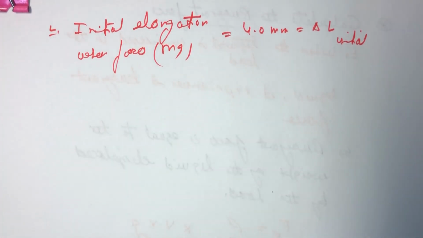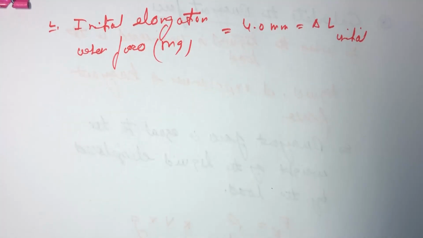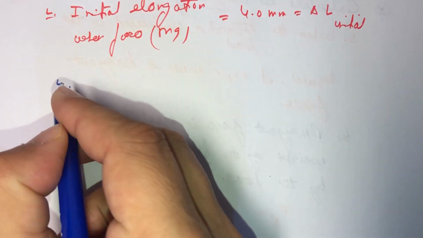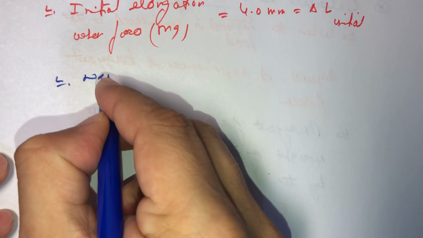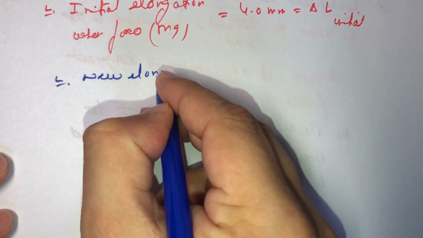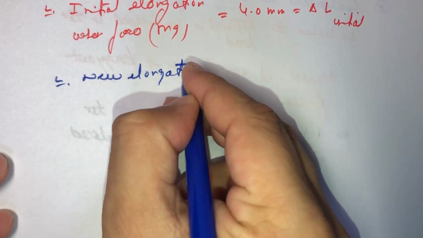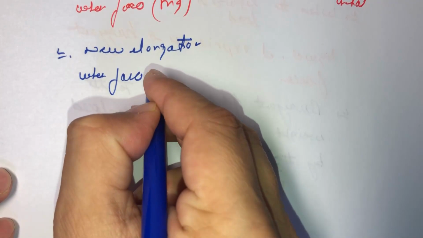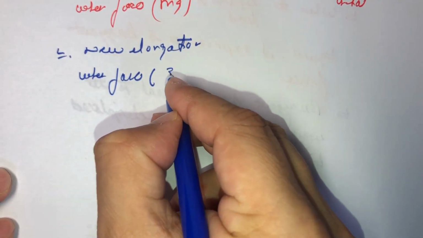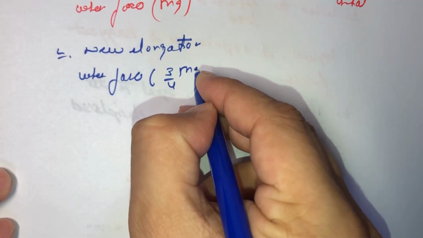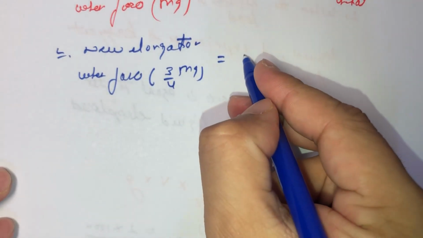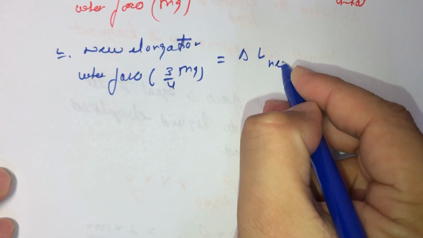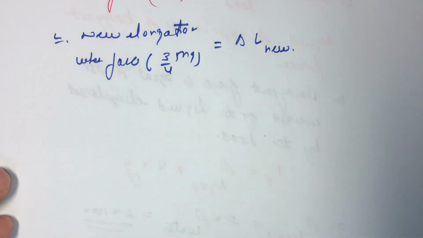And the new elongation when the force is F effective, that is 3 by 4 m into g, is, let us suppose, delta L new, which we are supposed to find out.